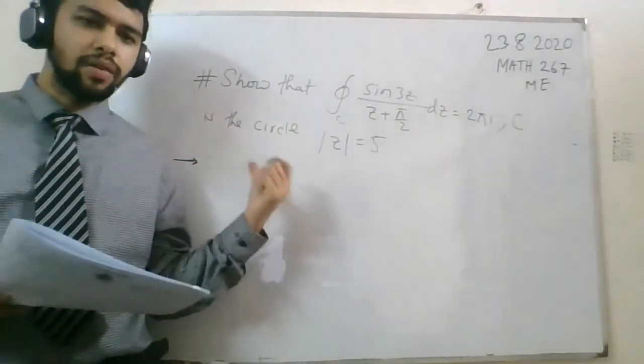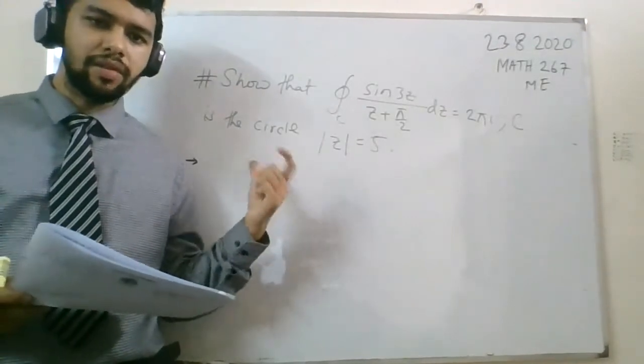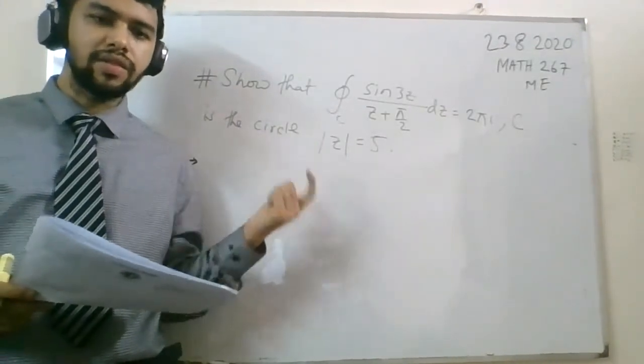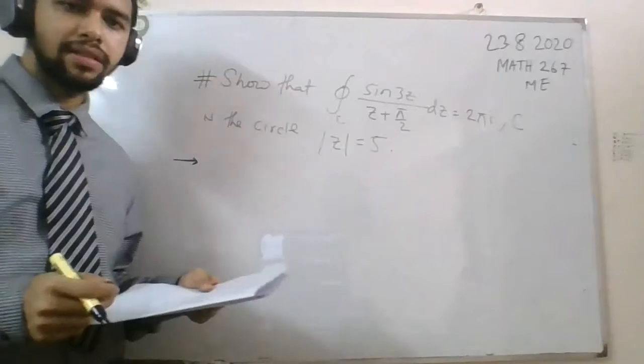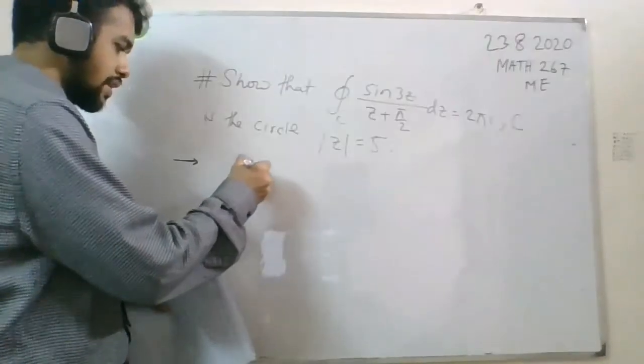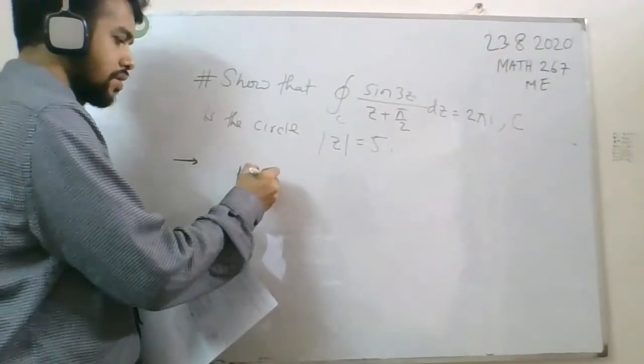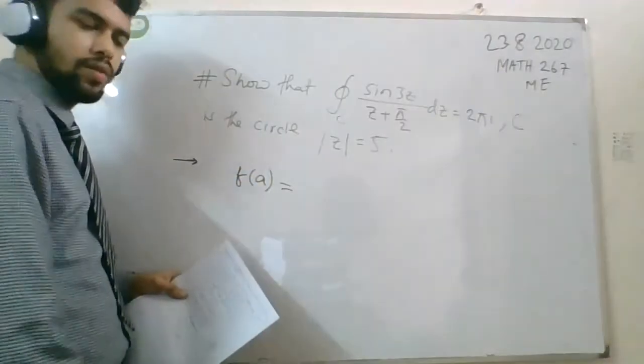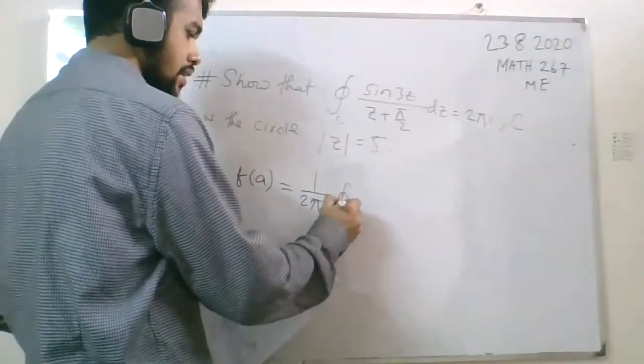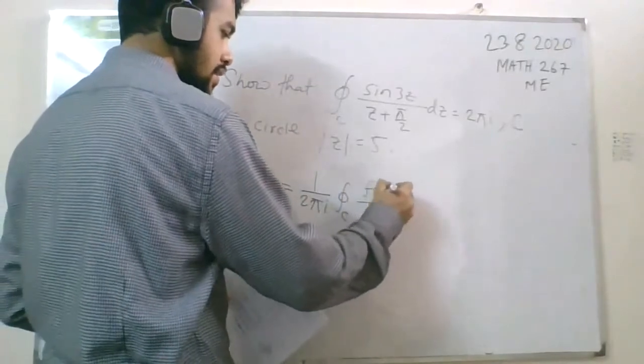What is our Cauchy integral formula for inside the circle or outside the circle? It is similar, just one. Sir, in the question, is the right-hand side 2 pi i? Yeah, 2 pi i. Sir, f of z divided by z plus a. So what was our Cauchy integral formula? f(a) equals 1 by 2 pi i integral of f(z) divided by z minus a. Okay.